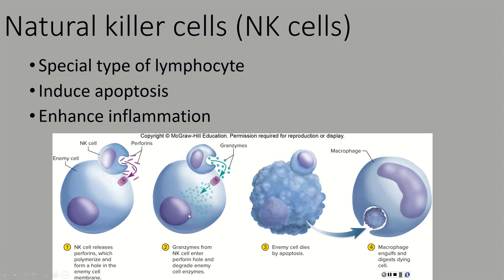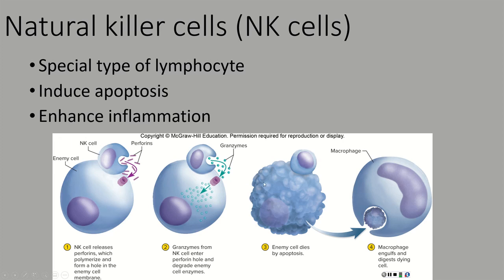If something goes wrong inside, the cell will recognize that. And to prevent whatever it was from getting worse and infecting other cells, the cell will kill itself. Well, granzyme tells this cell to go ahead and do some apoptosis. It tells this cell, hey, kill yourself.